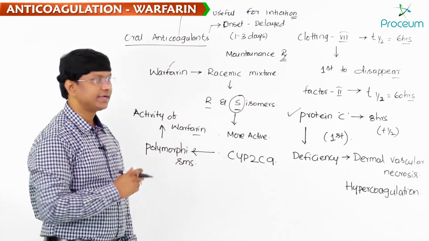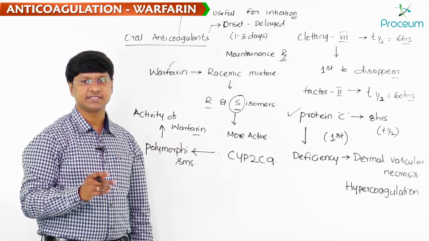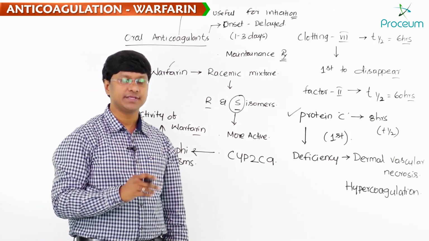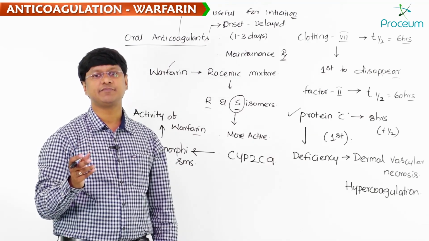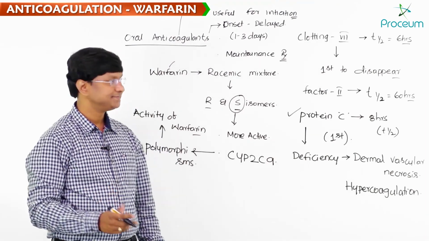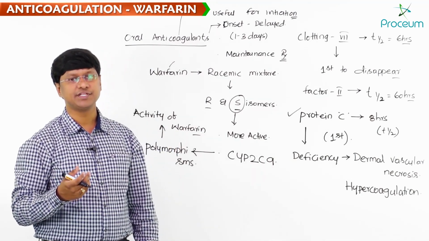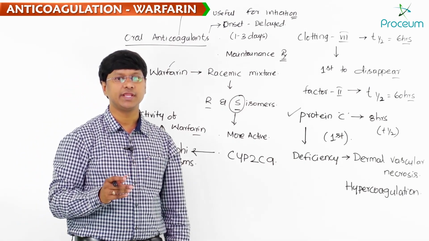And among the coagulation factors, remember, the first to disappear is factor 7, right? Because the half-life is 6 hours. And the last to disappear is factor 2, because the half-life is nearly around 60 hours. Protein C, an anti-clotting protein, has a shorter half-life than most clotting factors, around 8 hours.